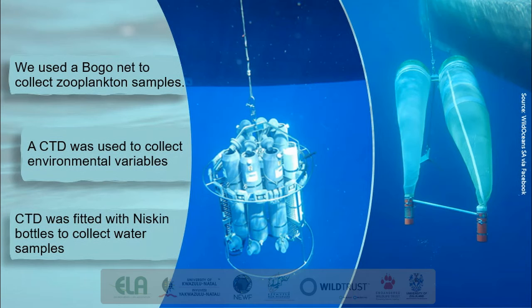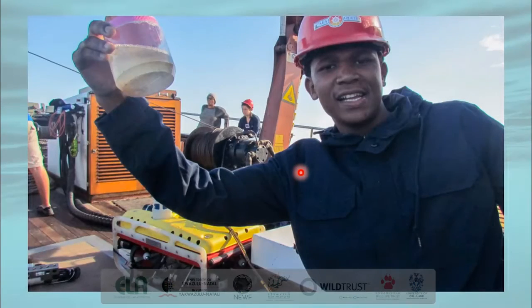At each station we also collected environmental variables using a CTD, and the CTD has Niskin bottles that are used to collect water samples. After the samples are collected, they are preserved with 4% formaldehyde for further processing in the lab.